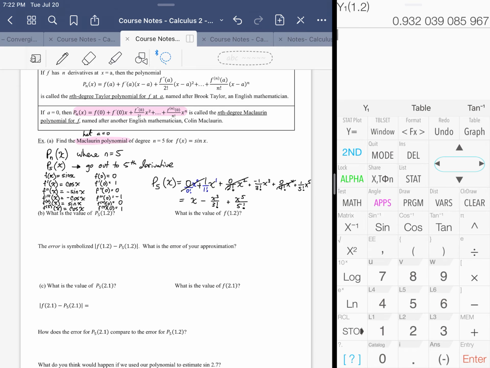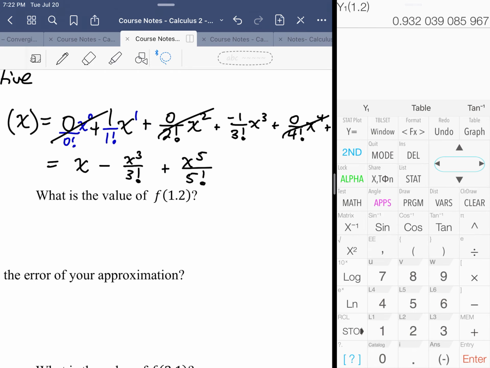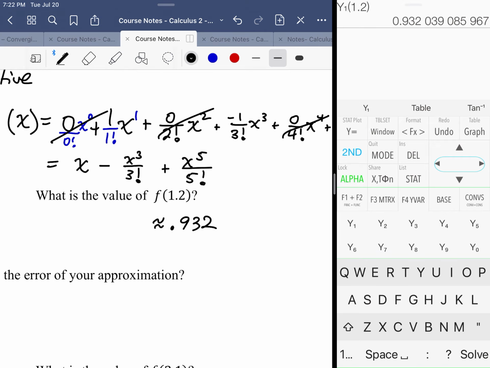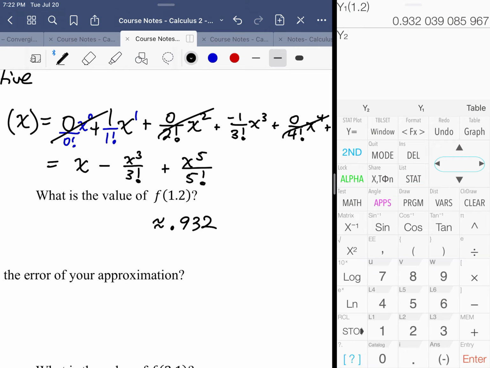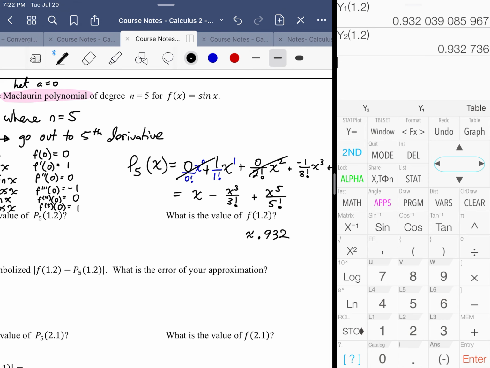And type in a 1.2. So the value f of 1.2 is about 0.932. And then alpha y2 was my polynomial, 0.933, if I'm rounding to 3 significant.